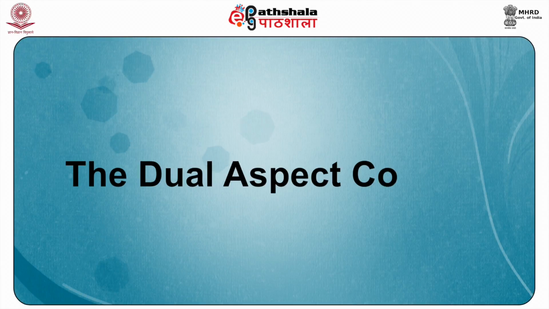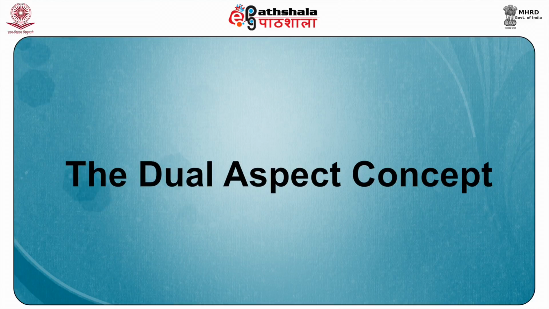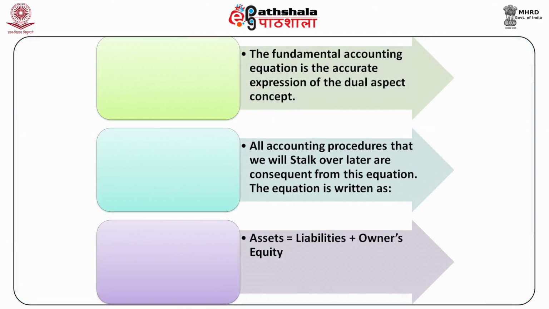Moving further, let us now understand the dual aspect concept. The value of the assets maintained by the concern is equal to the claims on these assets. The fundamental accounting equation is the accurate expression of the dual aspect concept. All accounting procedures that we will talk over later are consequent from this equation.